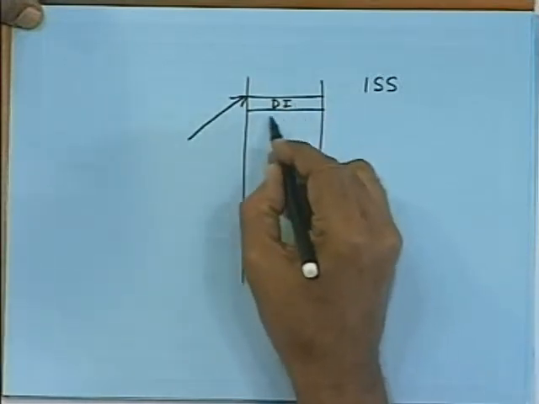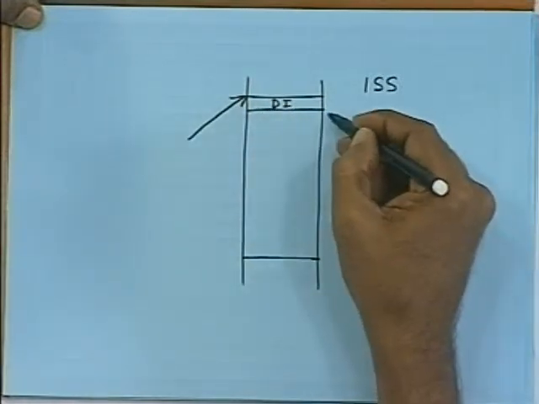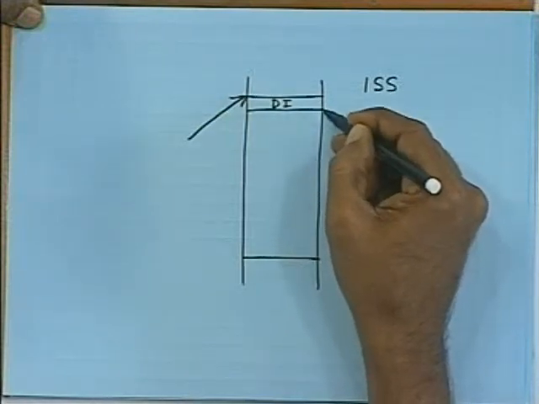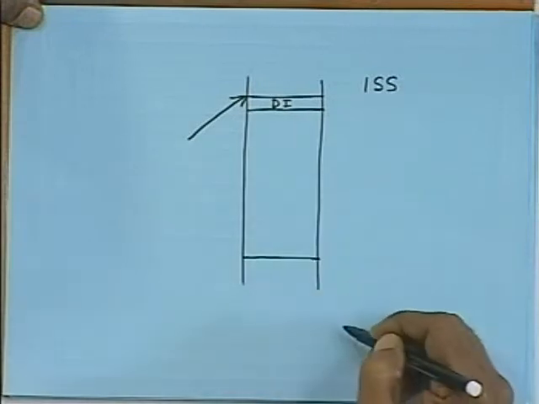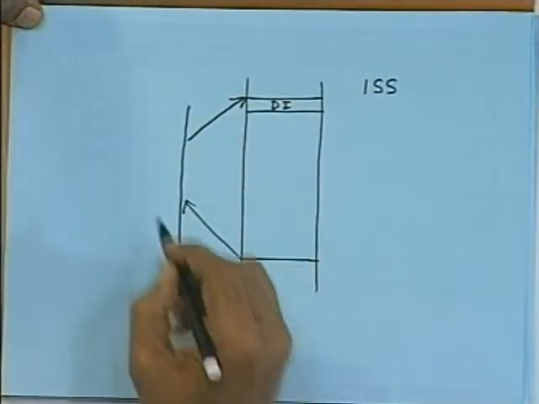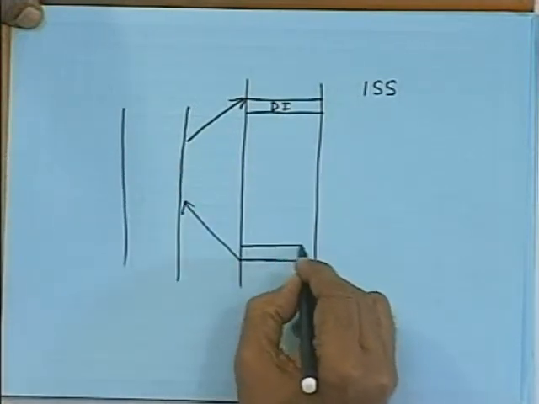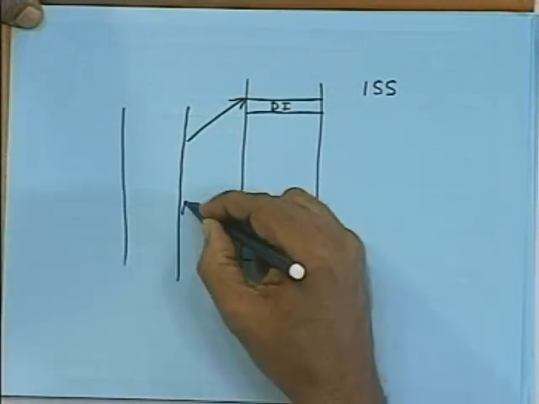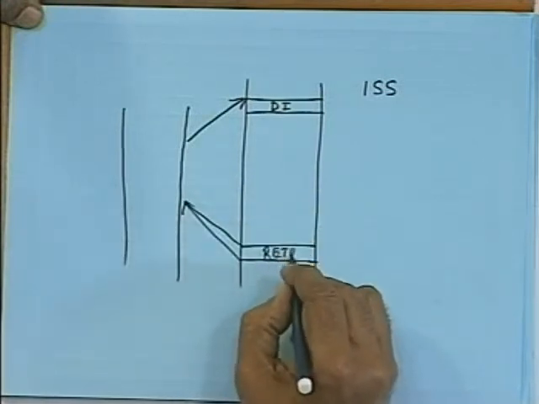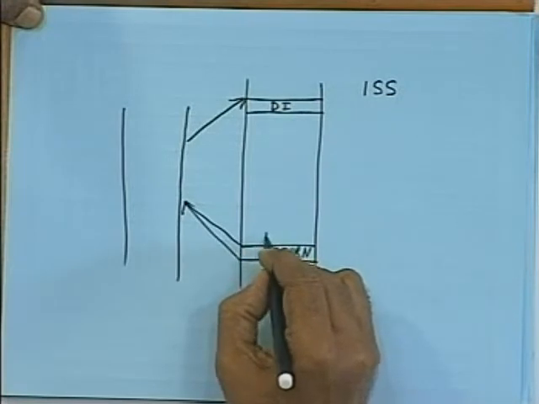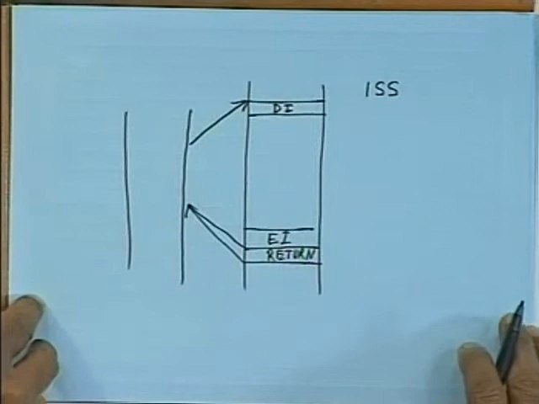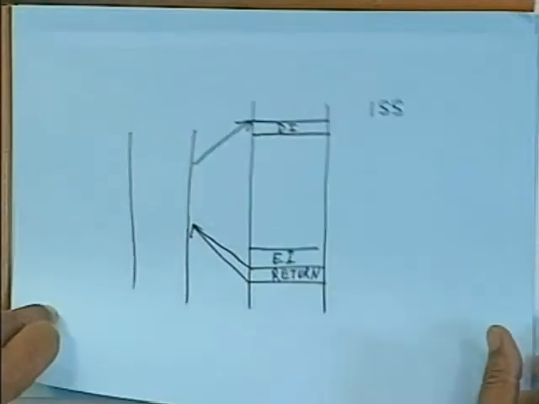After this instruction is executed, no interrupt will be accepted. However, as you go out of this routine and return to the main program, before the return you should execute the enable interrupt instruction. So, you see, because of this, the status of the microprocessor is changing.